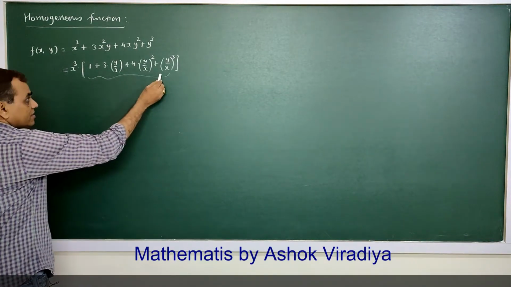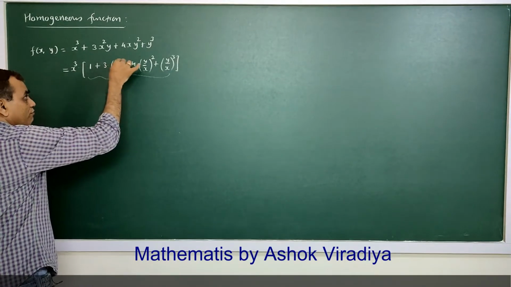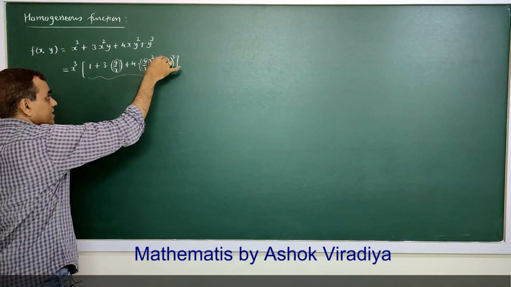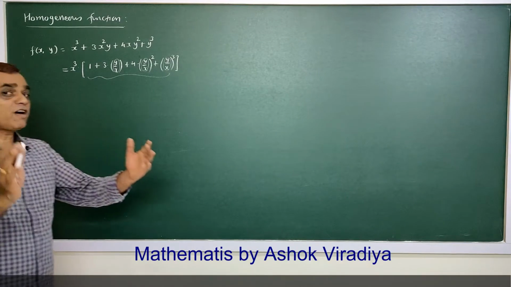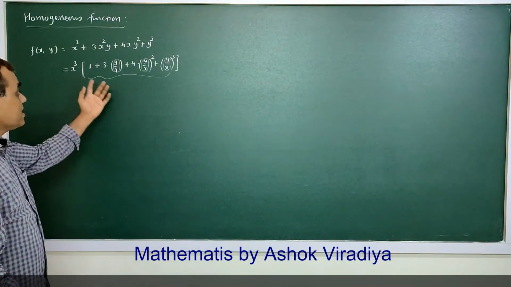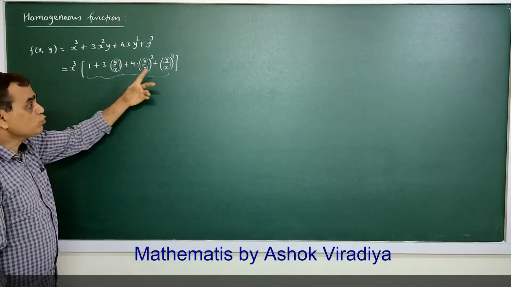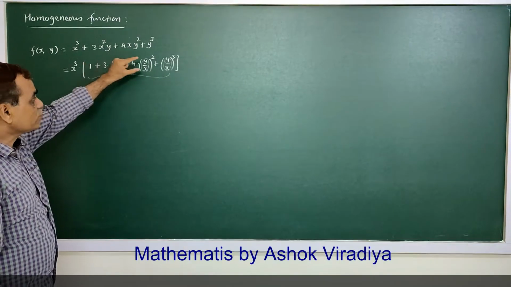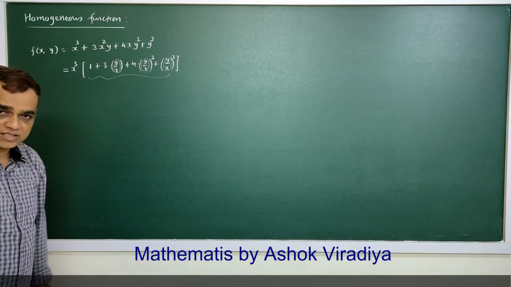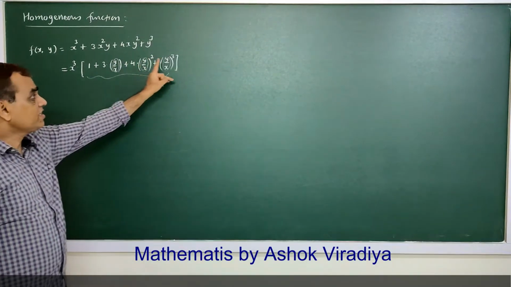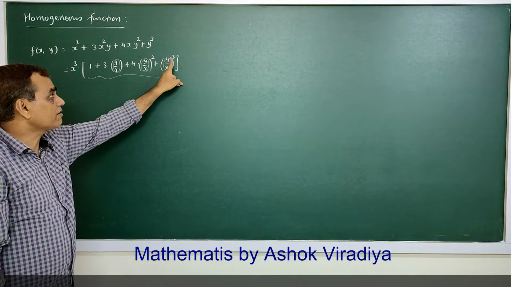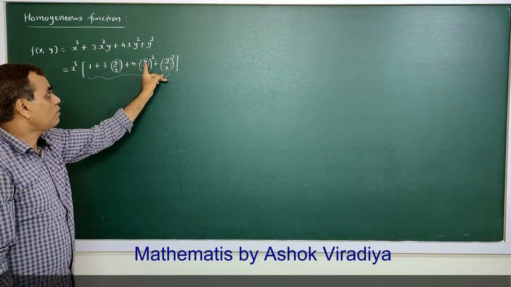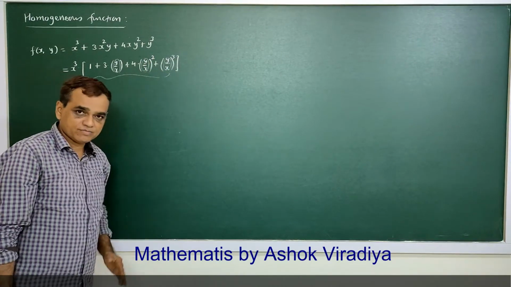This part is a function of y by x. A function of y by x means that in that function everywhere you will observe terms y by x, y by x, y by x. Whatever is the number of y in the numerator, the same number must be in the denominator: y cube, x cube, y square, x square.